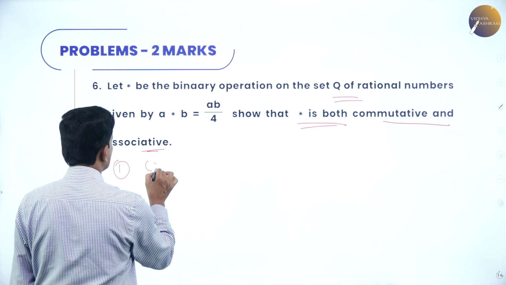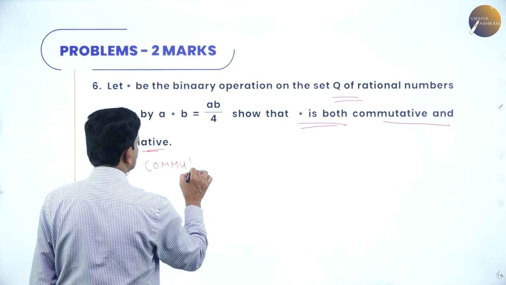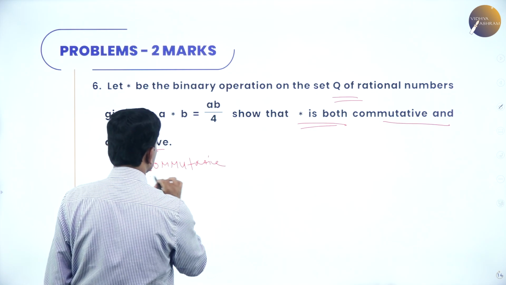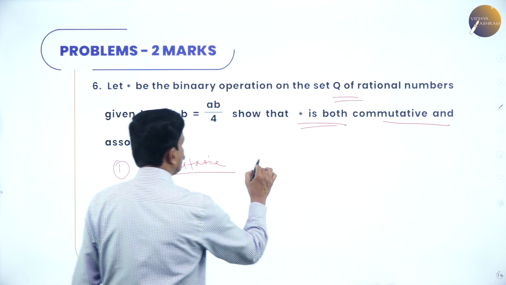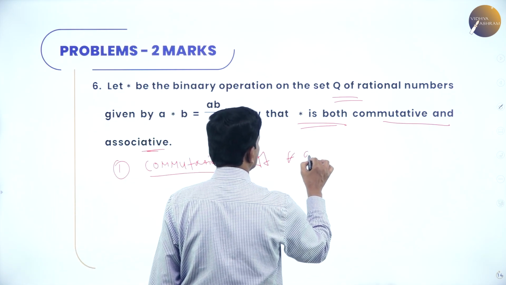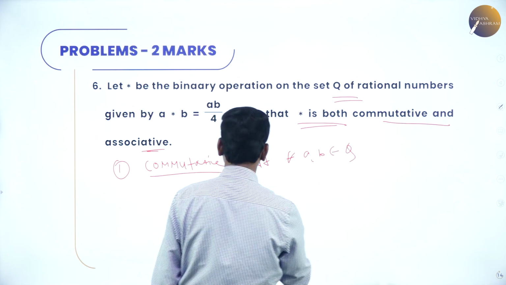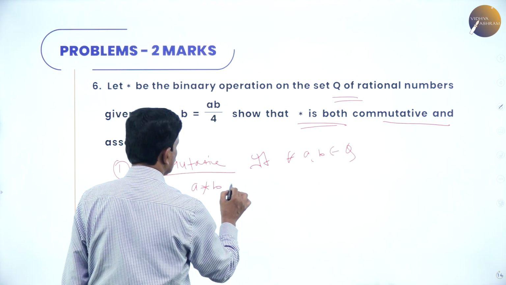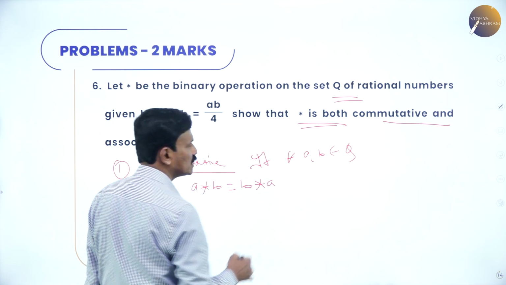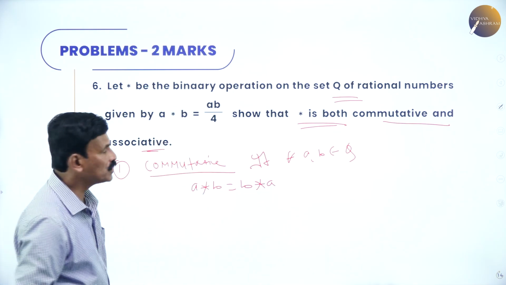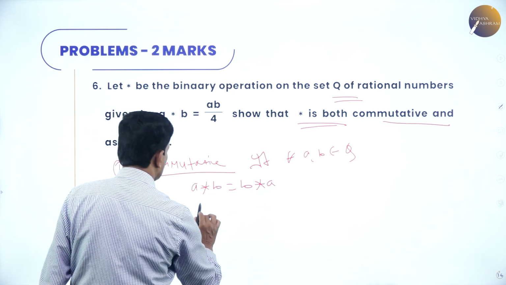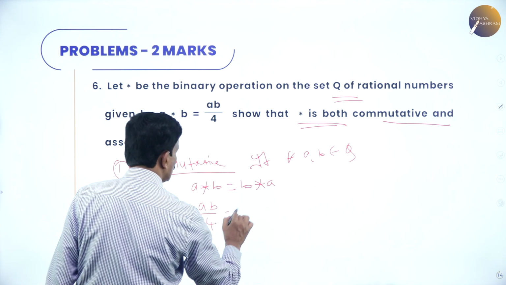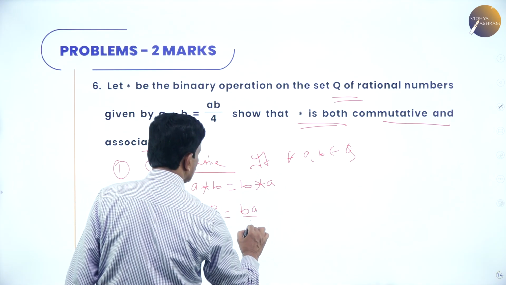So now let us come to the first property, commutative law. What is commutative? If for all a, b belongs to Q, a star b is equal to b star a, verify this. If this property is satisfied, then it is called commutative. So what is a star b? a star b is equal to ab by 4, and b star a is also equal to ba by 4.